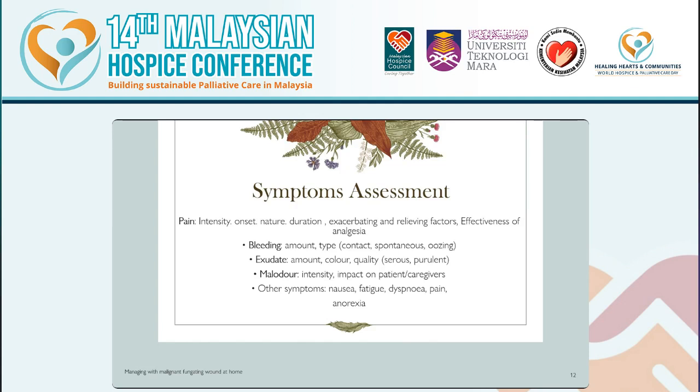We need to know the onset, how long it lasted, is it intermittent, and we also need to know the nature. Is there any neuropathic involvement? How severe is the pain? And what are the aggravating and relieving factors? And if the patient is taking any analgesic, is this analgesic helpful? And what is the impact of the pain on the patient?